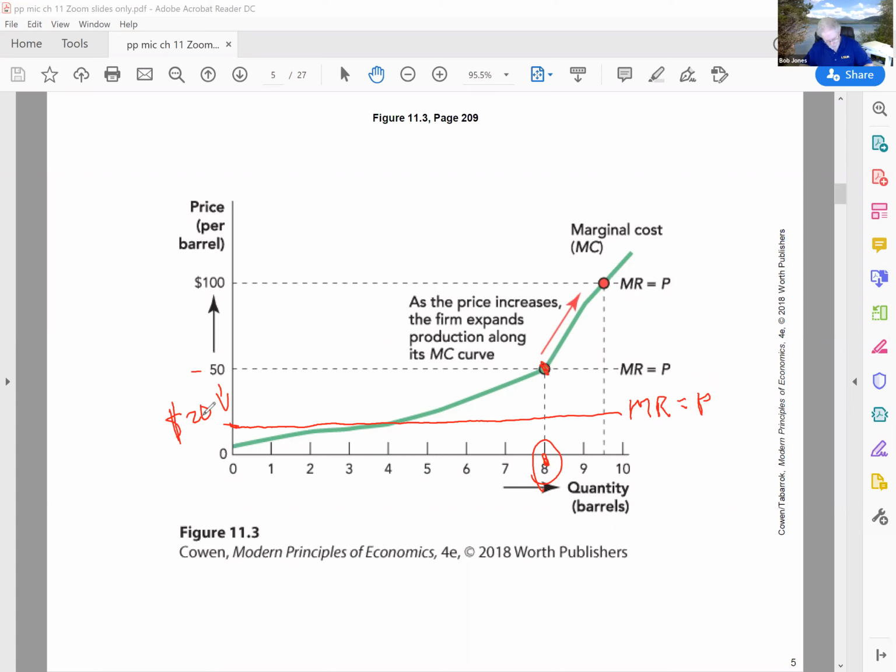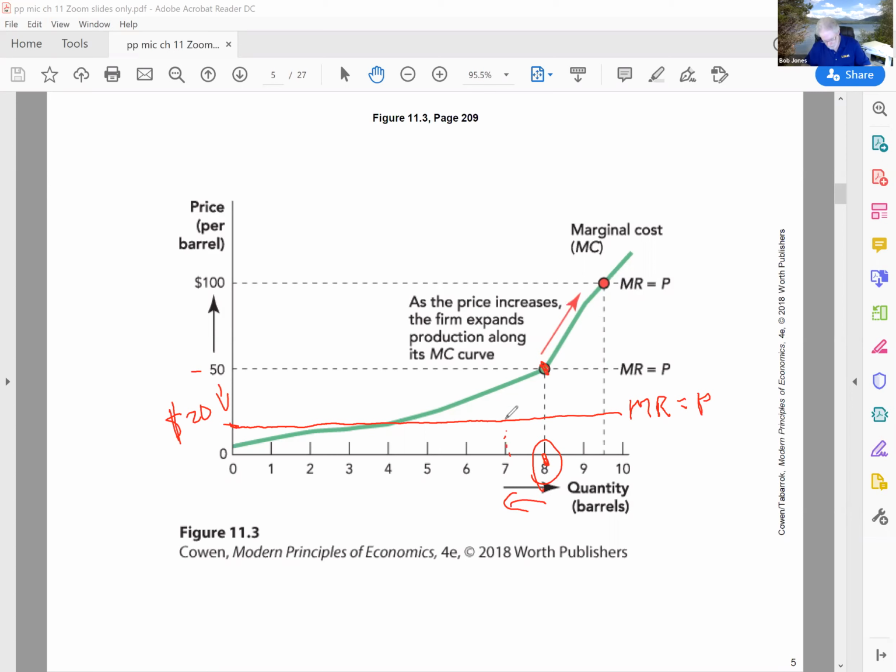Now that the price is 20, he's going to revisit that decision. The 8th unit he was willing to produce before, but now that 8th unit adds $50 to his cost, only 20 to his revenue. So he's going to lose $30 if he produces that unit. So he's not going to produce it. He's going to cut back.